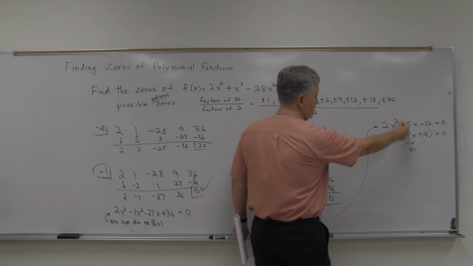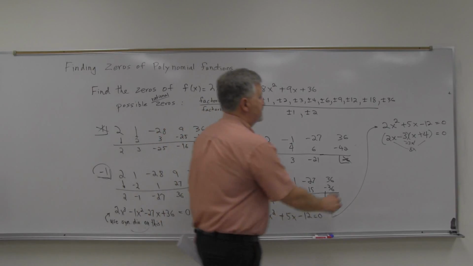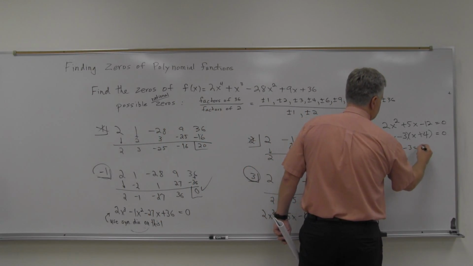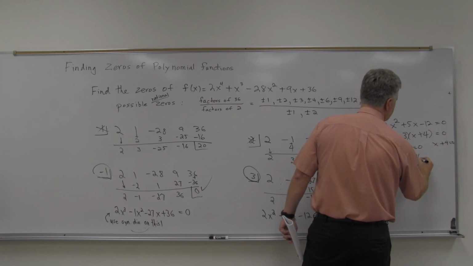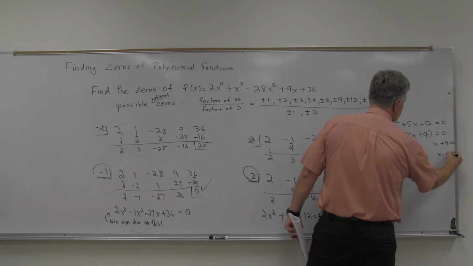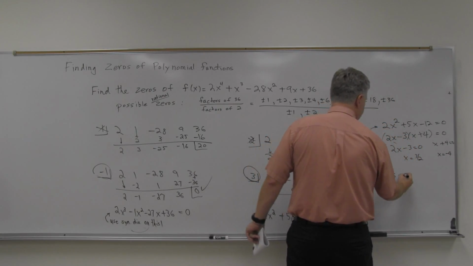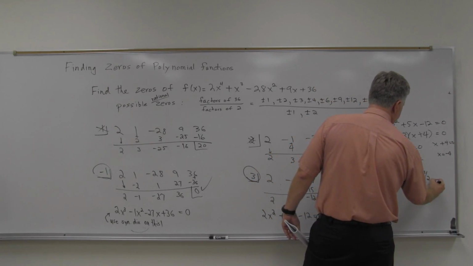Yeah, those combine to be 5x. Got it. So we've got 3 halves, and -4. So my zeros are -1 and +3, 3 halves and -1.